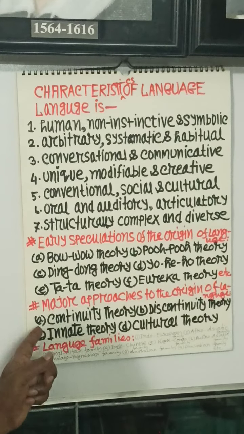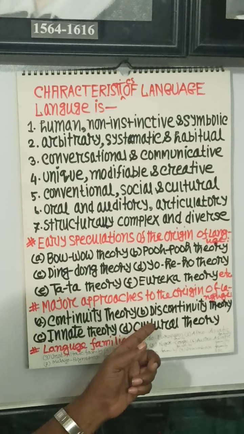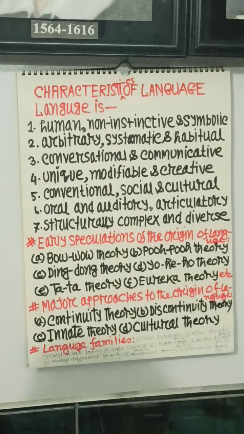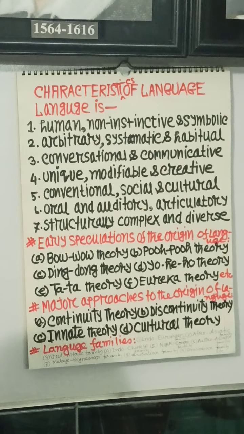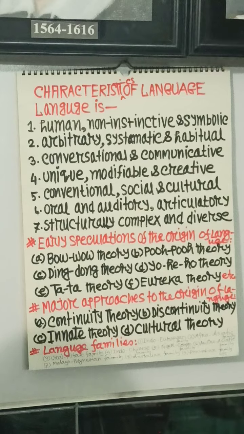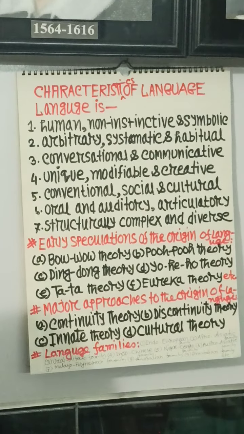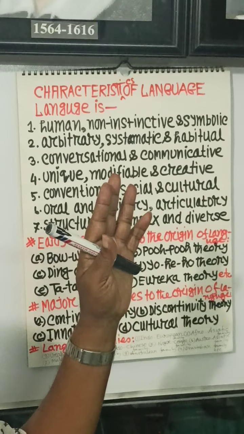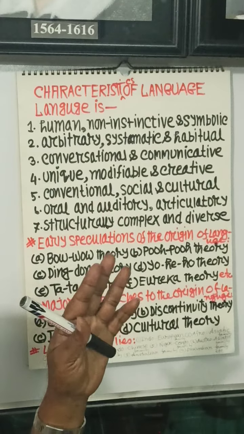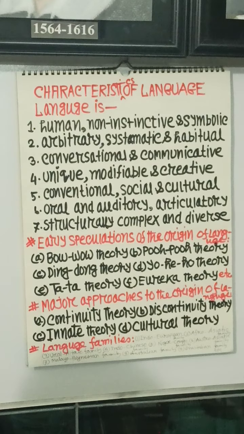What are those? First, continuity theory. Secondly, discontinuity theory. Thirdly, innate theory. And lastly, cultural theory. And through the discussion of these theories, we can try our best to flashback the discussion regarding the origin and evolution of language.